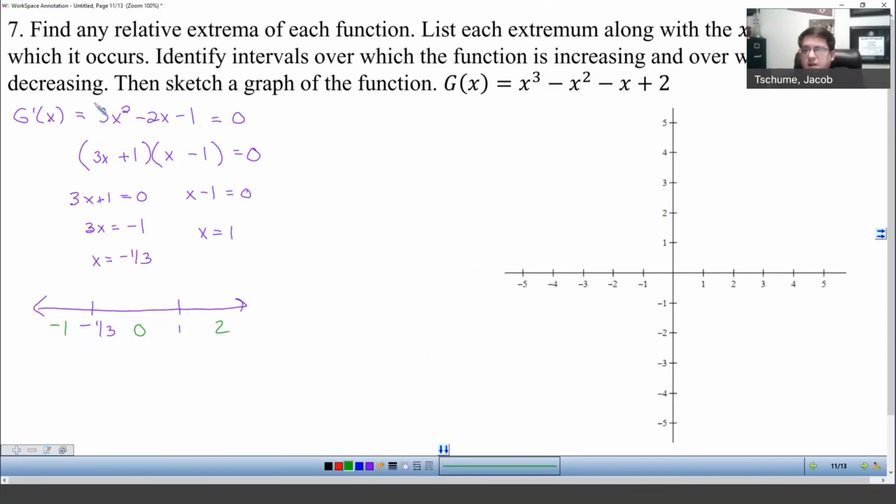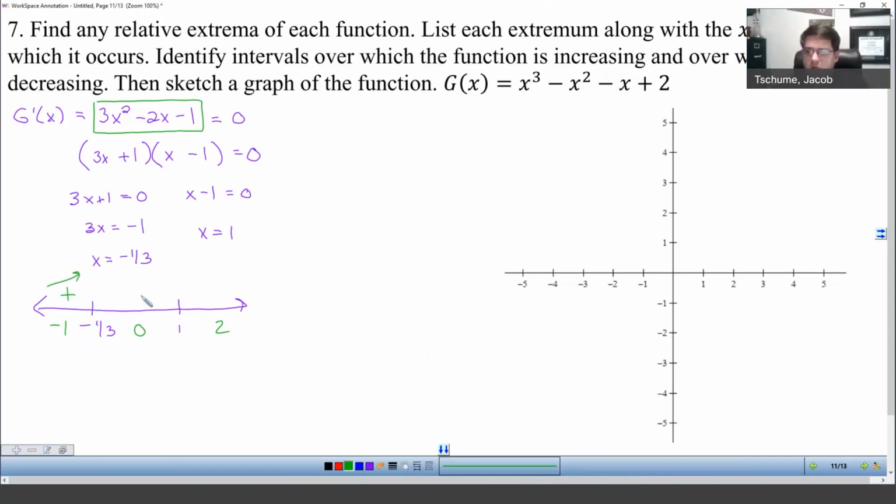And this is where your calculator will probably play a big role here, because you need to plug all 3 of those numbers into your first derivative. So I've got my calculator out here, so I'm going to do a little number crunching really quick. So let's see, if I plug negative 1 in, you should get a positive answer, which is increasing.